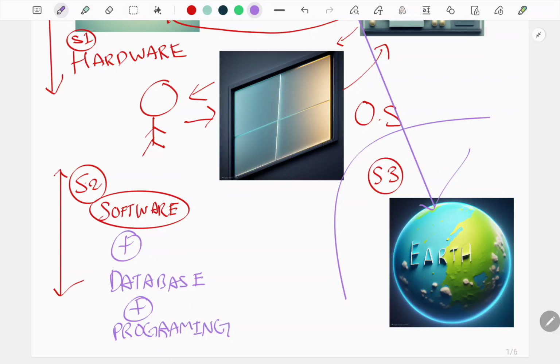Apparently we don't really use any programming code over here because we are using Microsoft Access. Microsoft Access doesn't require you to use any code. However, we will use VBA for Excel and Word.